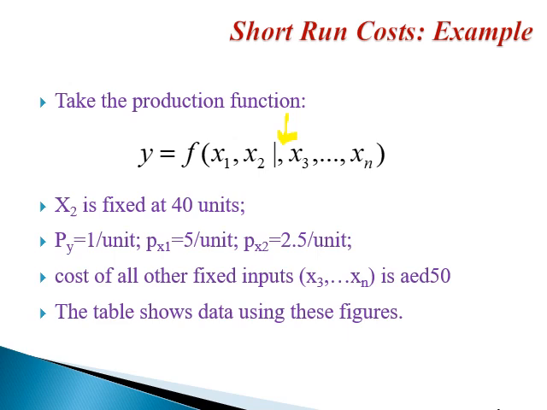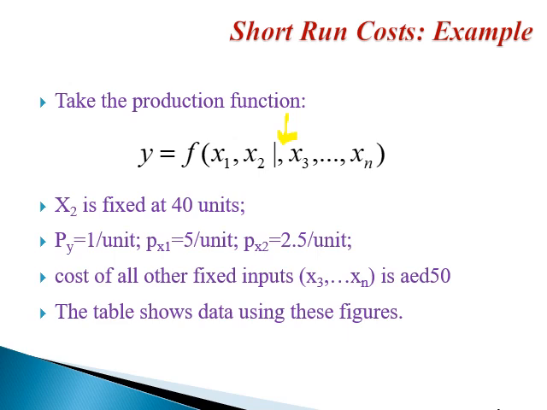But remember we are using a two-dimensional graph. So in that case, we are going to hold the amount used of x2 at 40 units only. So here I'm going to fix the amount of x2 at 40 units all the time. And I'm going to change the level of x1 and see what will happen to y.